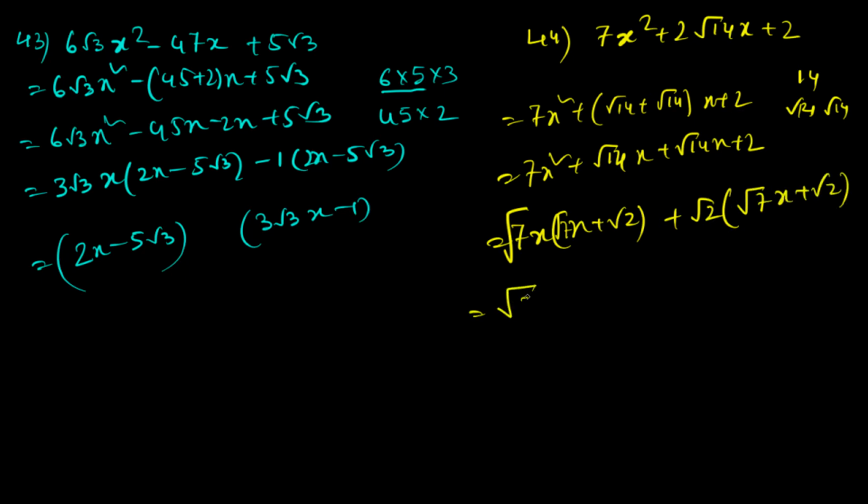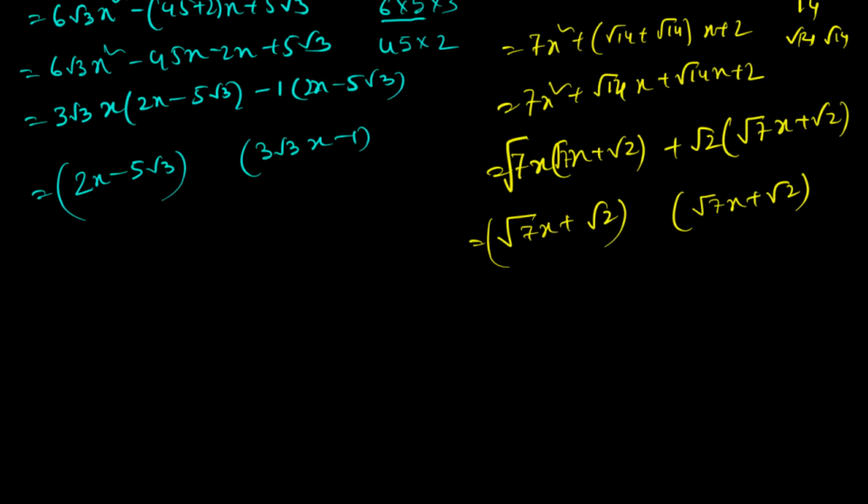So it's root 7x plus root 2 times root 7x plus root 2. So we are getting two equal factors. Okay, so that's 44.